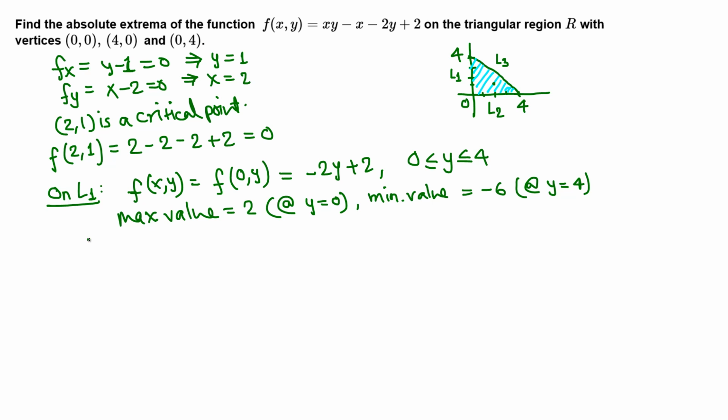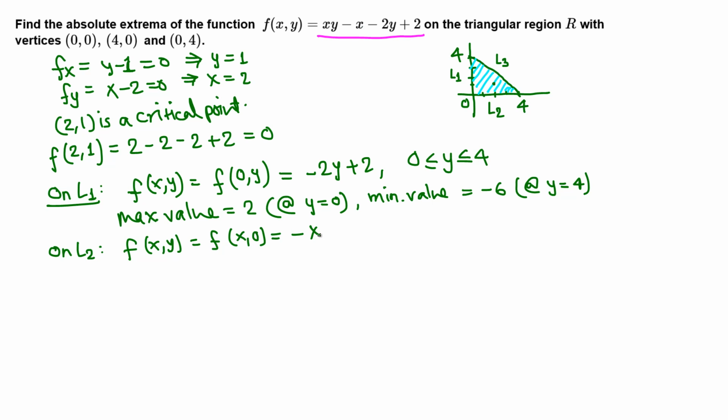Okay, so that's L1. Similarly, let's work on the L2 line segment. It's along the x-axis, so y is 0. So the given function f(x, y) is in fact f(x, 0), and with y being 0, the function reduces to negative x plus 2.